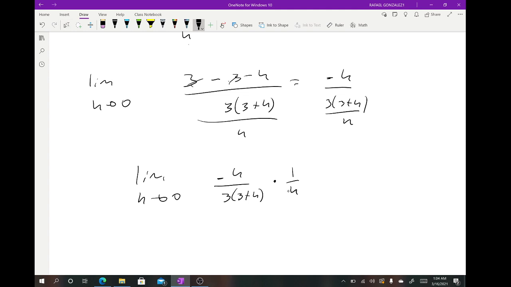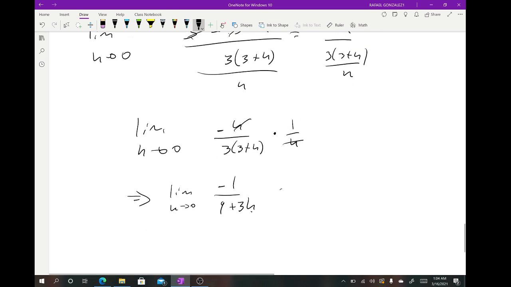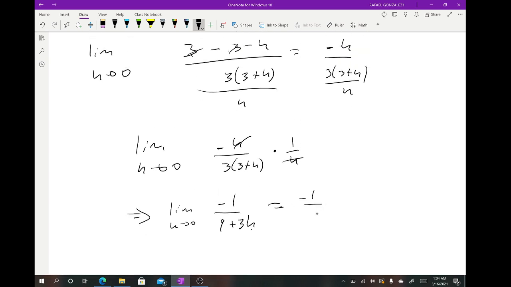Notice here that the h's are going to cancel out, so I'm left with the limit of -1 over, and now I could actually multiply in, it's fine, 3 times 3 is 9, and then 3 times h is 3h. And now if you take the limit and plug in 0, you're going to get that the limit is equal to -1 over 9. So the limit as h goes to 0 of this expression is -1 over 9.